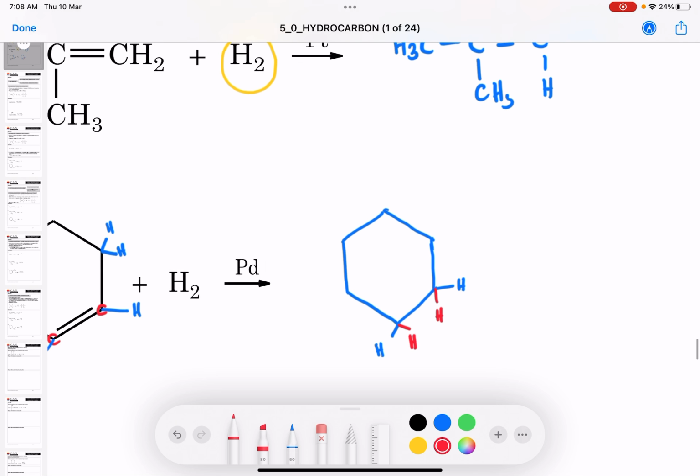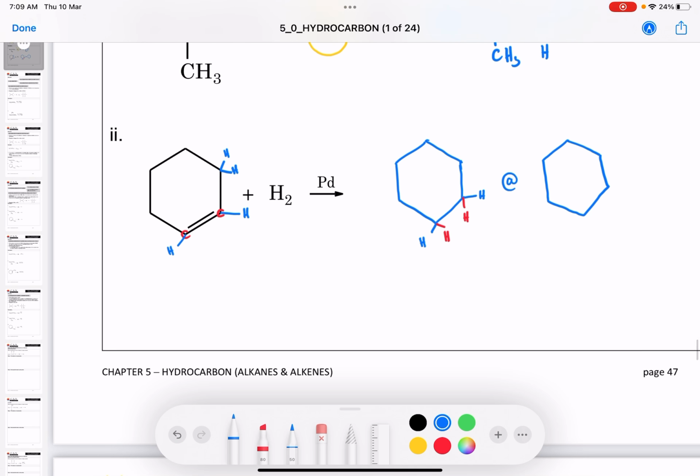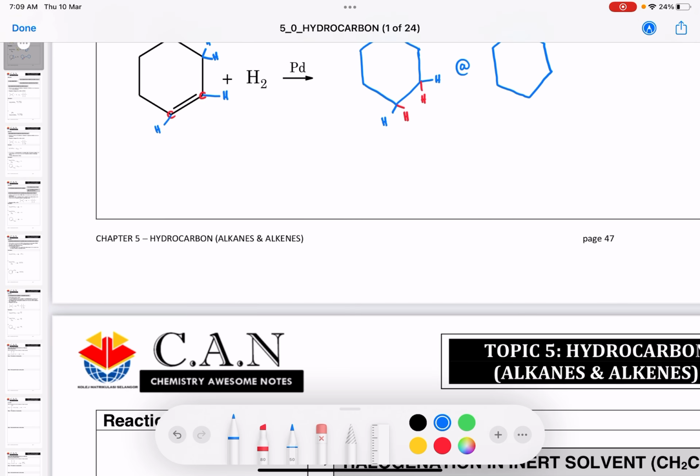So you can expand it, or you can just write it as skeletal, like this. So there you go. This is an easy one.